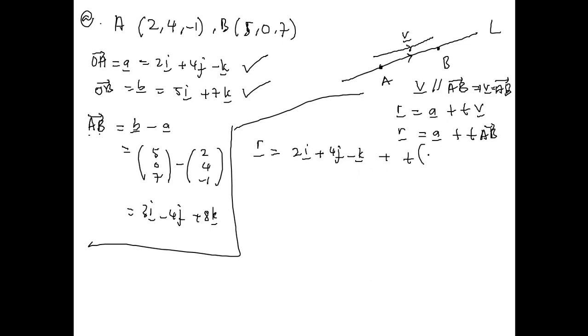Vector AB is equal to 3i minus 4j plus 8k. This is the vector equation of a line.